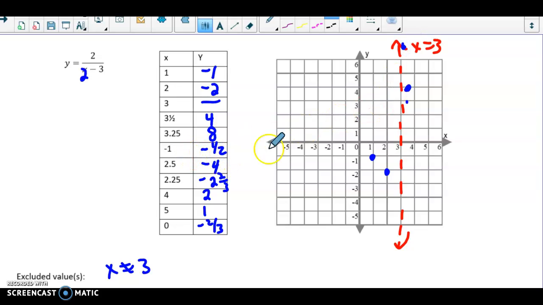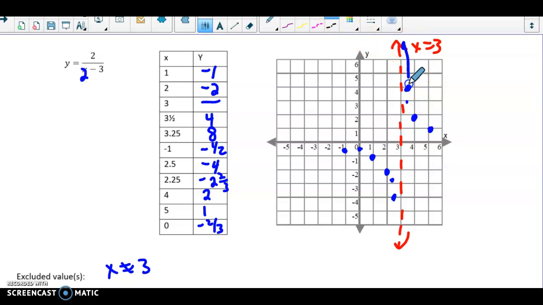I put -1 in and got -1/2. I put 2.5 in and got -4. I put 2 1/4 in and got -2 2/3. We're starting to see what's happening here, I hope. Okay, are you seeing what's happening?